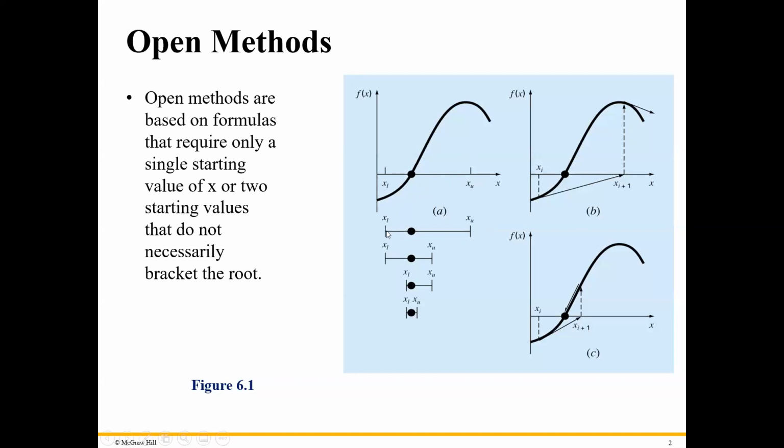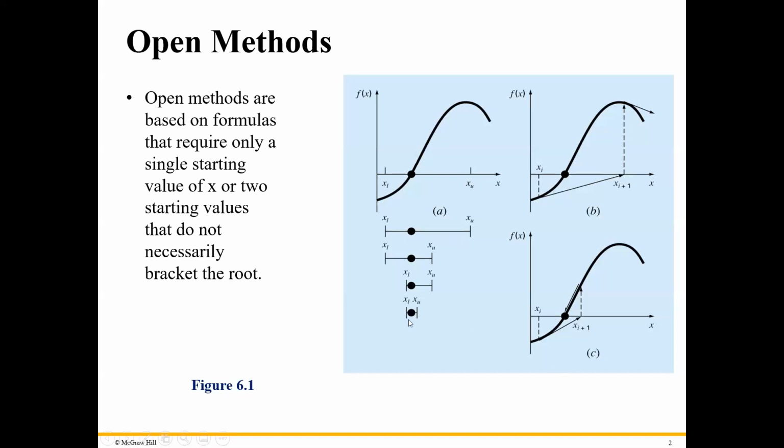By the bracketing method you take the average of these two values, or in the false position method you do it by linear interpolation. Either way, you reduce the bracket to a narrower range, and this bracket is further narrowed down until you get the root of the equation within the prescribed limits of your error.